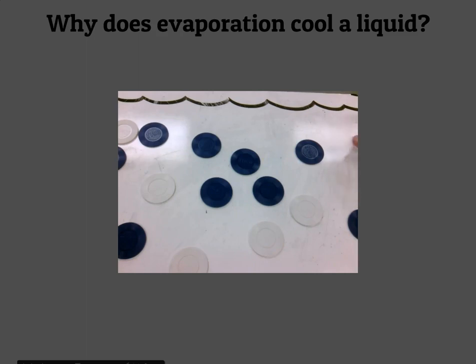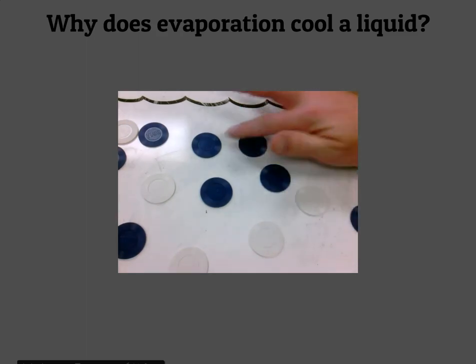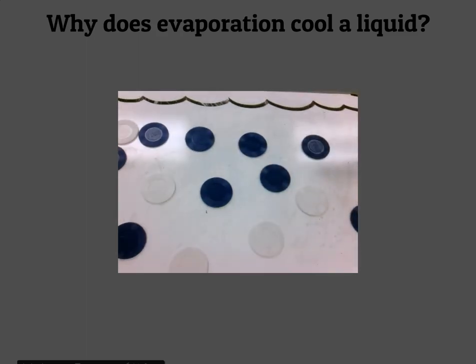Because those so-called hot molecules have left, the cold molecules are left behind, and that's why you feel a chill. This is also what you felt on your skin when we put the alcohol on it, and you felt that it had a cool feeling compared to the water.